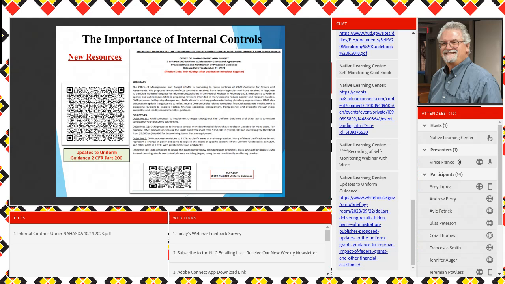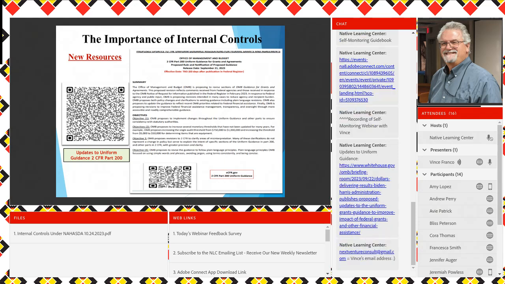I've already done that. Thank you again, Brooke, for posting that. If you send me an email, or Brooke, I can send you my interpretation of the updates, not just the White House or OMB's announcement, but my interpretation of it. I've gone through it. It's hundreds of pages long, because remember, uniform guidance applies to all the different industries, not just tribal.